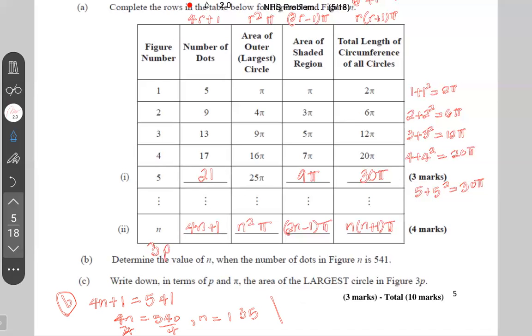They want the area of the largest circle, which would be 3p squared pi. The area would be 3p squared, so this is 9p squared pi. It's 9p squared pi. And that's the end of the question.